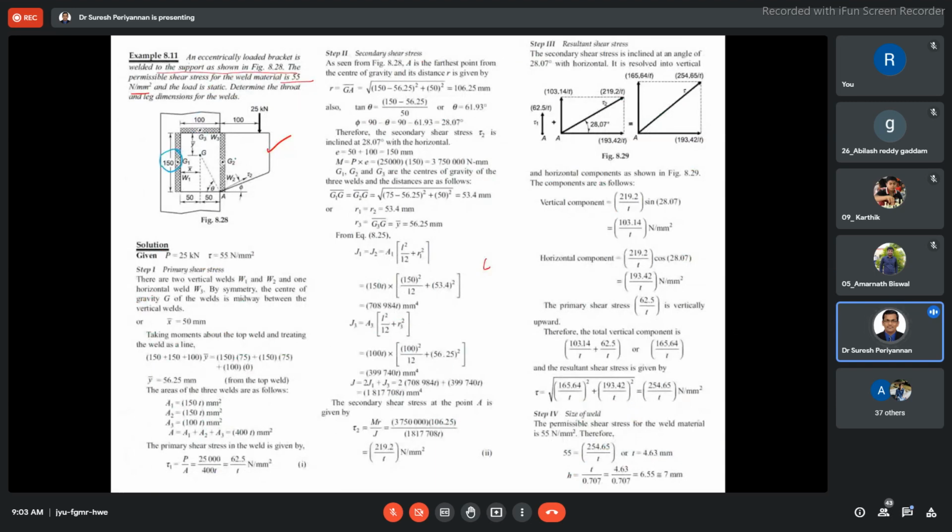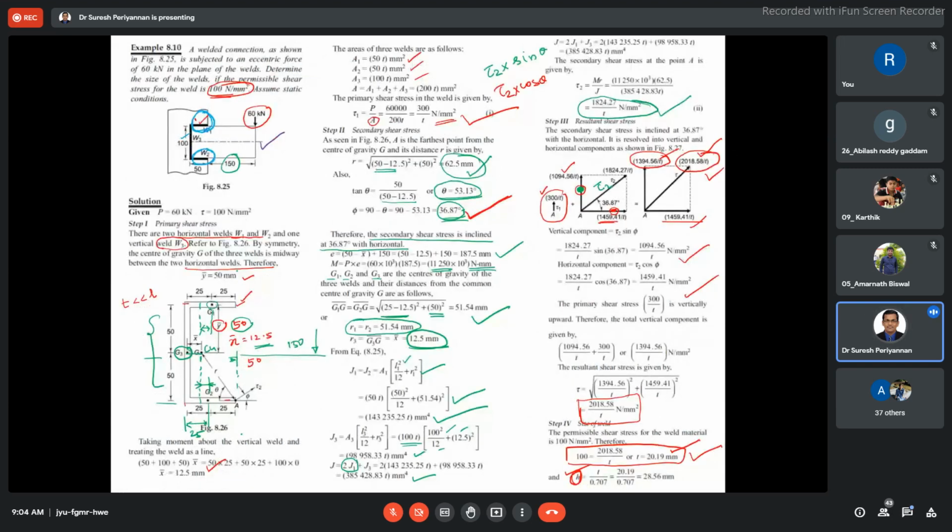I am considering W1, W2. The horizontal weld is not identical with respect to the vertical weld, because the vertical welds W1, W2 lengths are the same, but horizontal weld W3 is 100 mm length. Vertical welds lengths are 150 mm. They have given it. Now the same approach. Earlier case, horizontal welds are identical, then Y bar was the same.